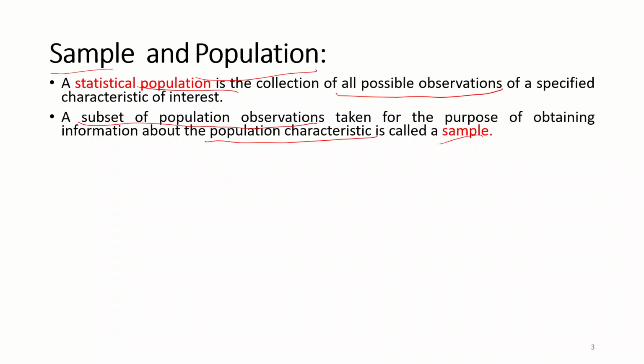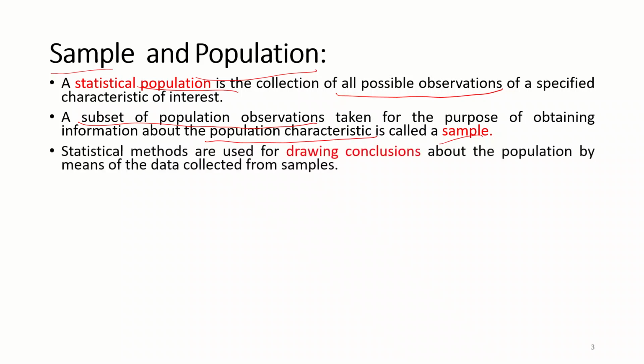So if we are not able to take all the observations from a population, we try to take a smaller subset, which is called a sample, and then try to understand the population. In most instances, taking all the observations about a population is very difficult, so we tend to take a smaller data set.